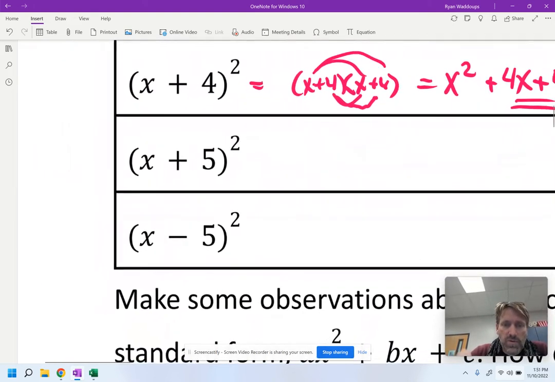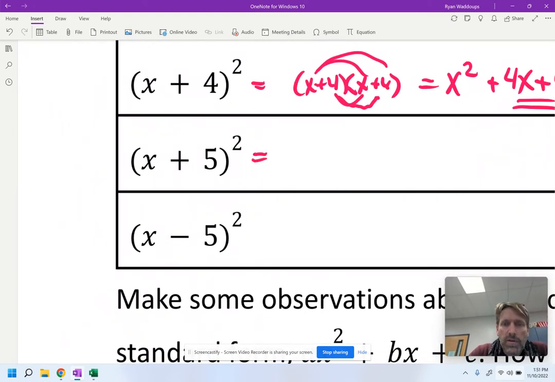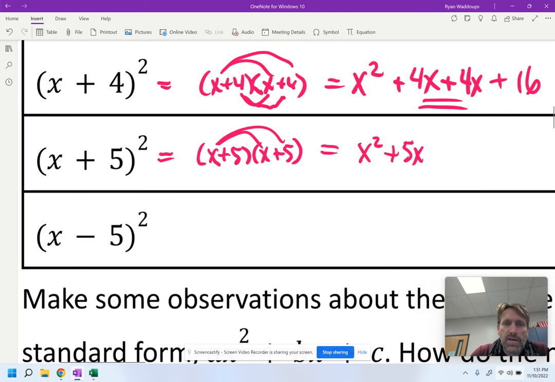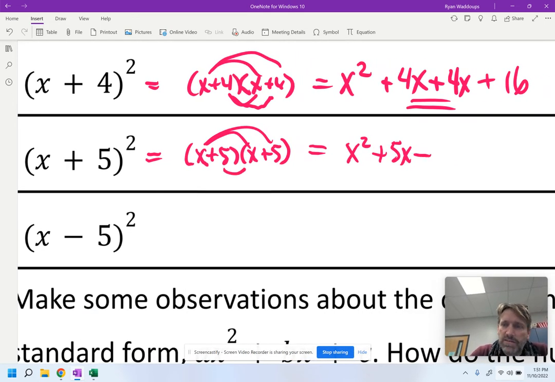x plus 5 squared, that's x plus 5 times x plus 5. And x times x is x squared. x times 5 is 5x. 5 times x is 5x.